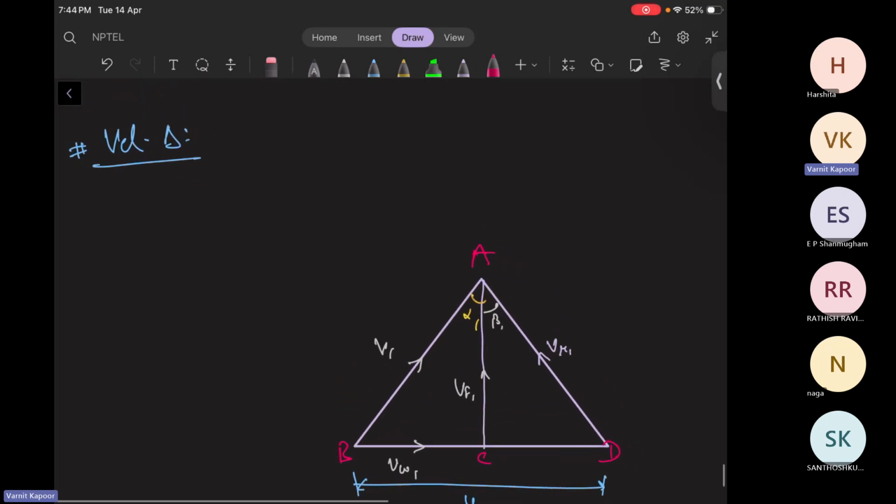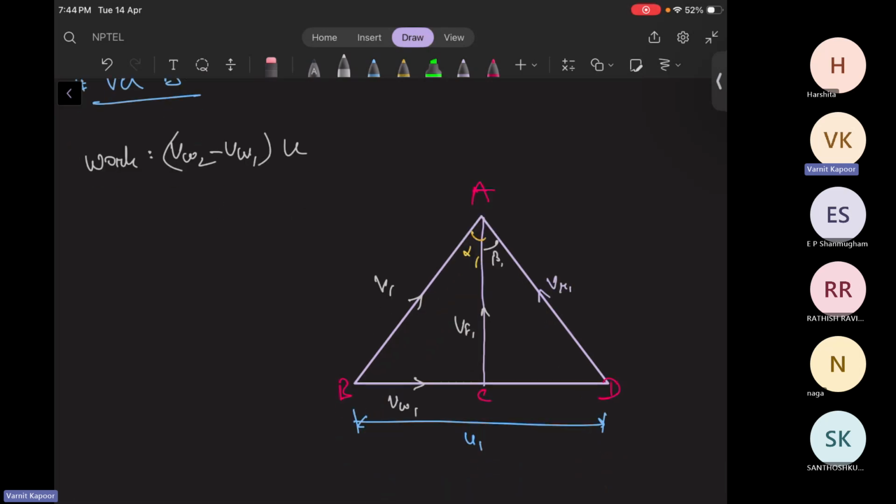Okay. So if you see, what was your work? Work is nothing but VW2 minus VW1 times velocity U. If you see from the figure, tan beta 1 is nothing but CD by AC.